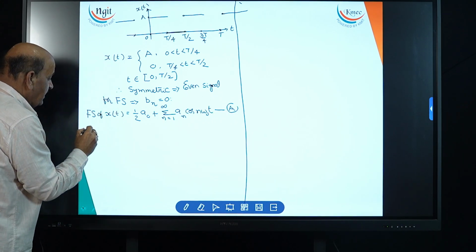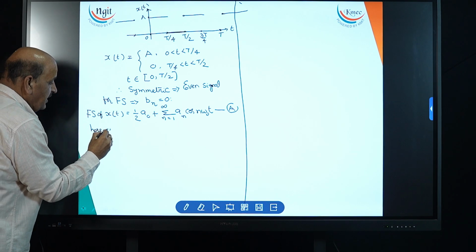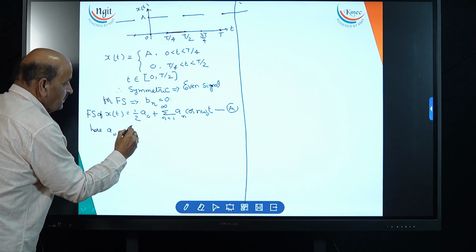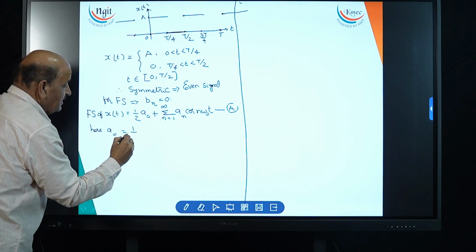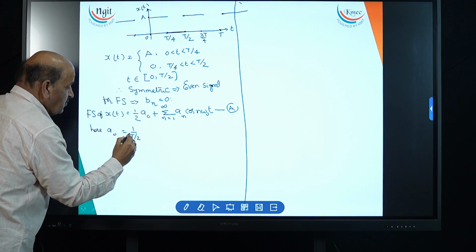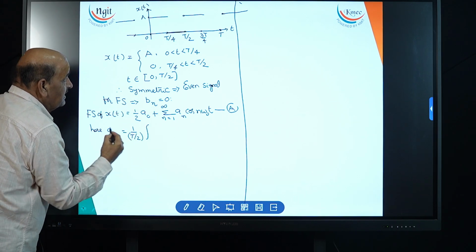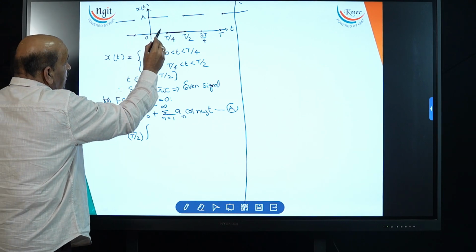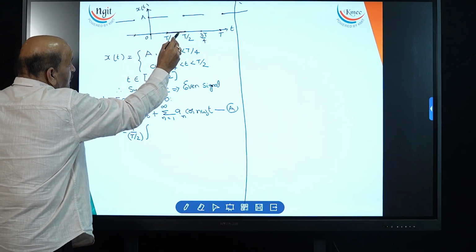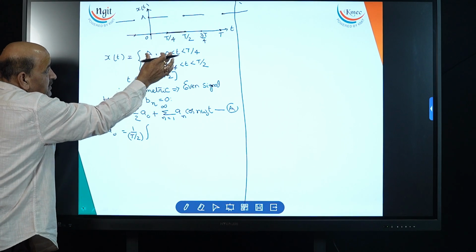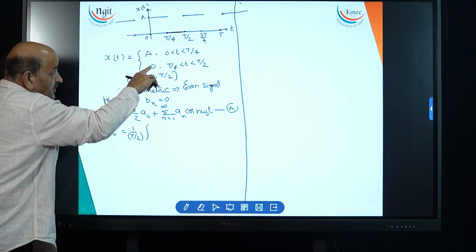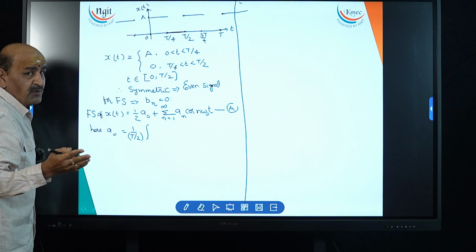So now here, what is a naught? A naught equal to 1 by the total width T by 2, integral over the total width. Now we have to find 0 to T by 4 and T by 4 to T by 2. These two we have to consider. But the second part is equal to 0, so no need to write the second part.